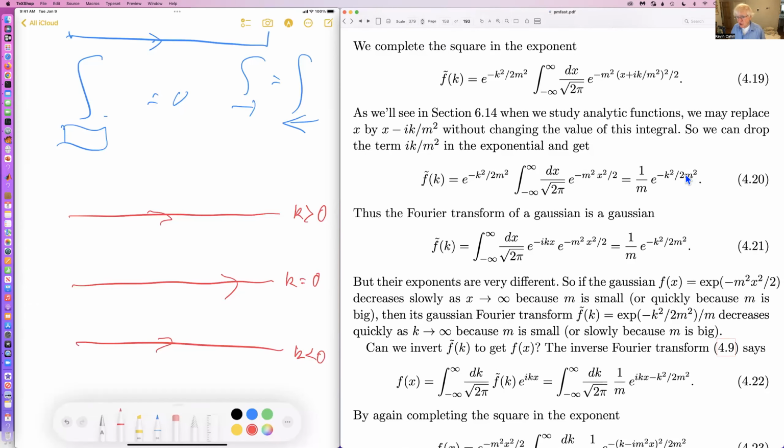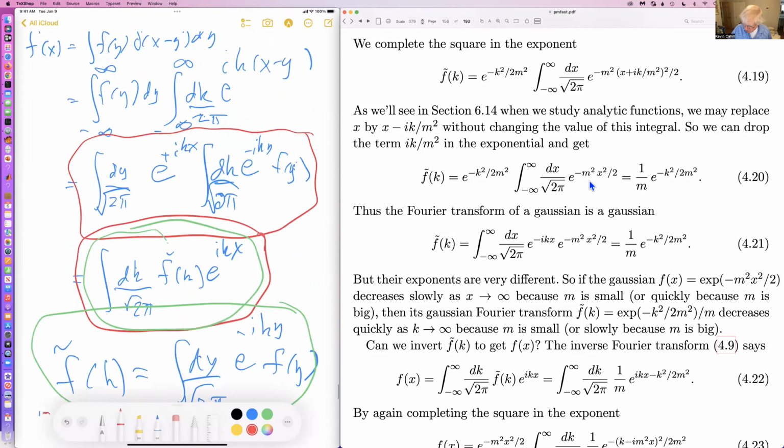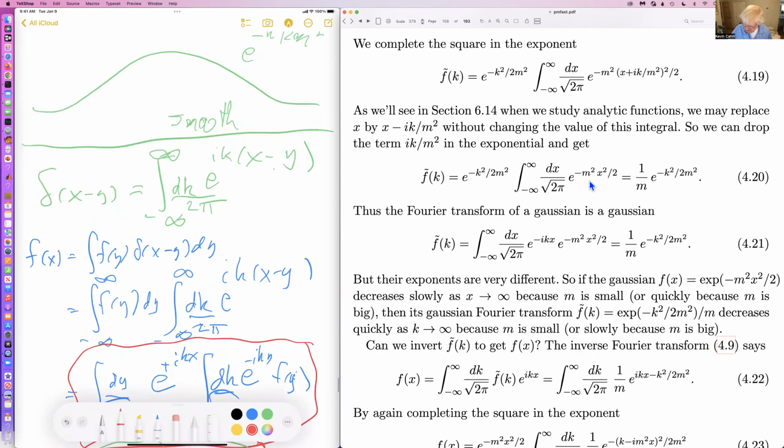Whereas if m is big, it's smooth. In other words, if m is small, e to the minus m squared x squared over 2 is very smooth, in this picture here.